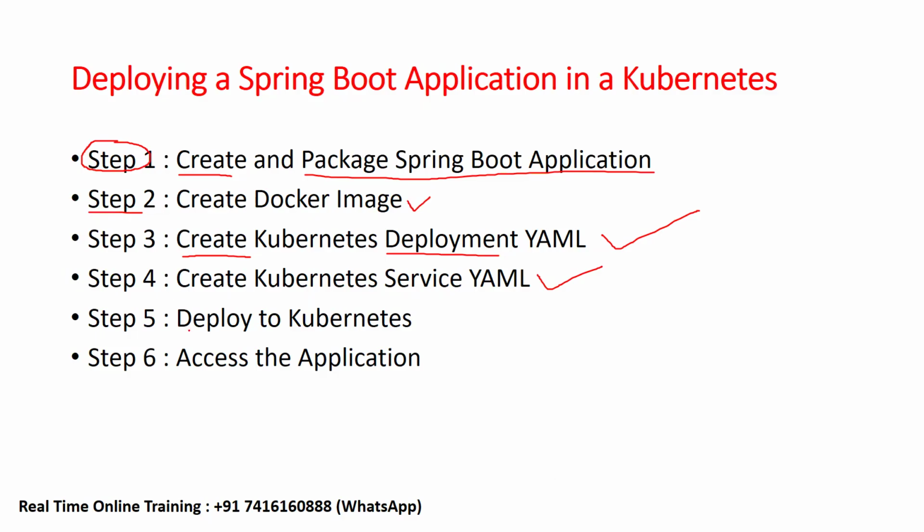Then we will be deploying to Kubernetes and we can access the application. 6 steps are involved to deploy your application in Kubernetes. Even in the interview room, you can easily explain that we need to follow 6 steps to deploy an application into Kubernetes.